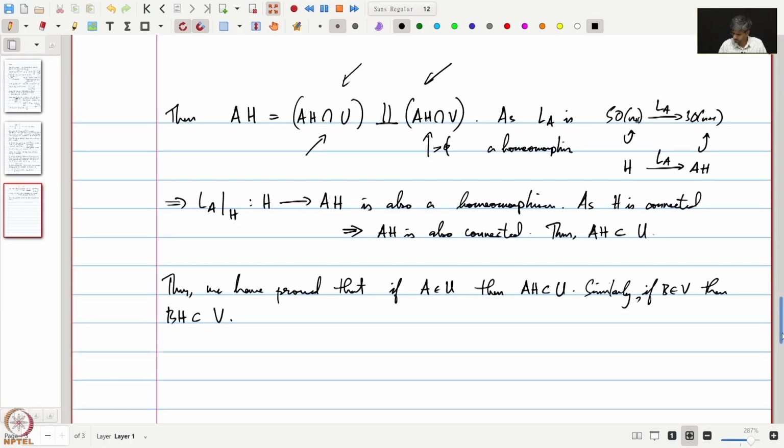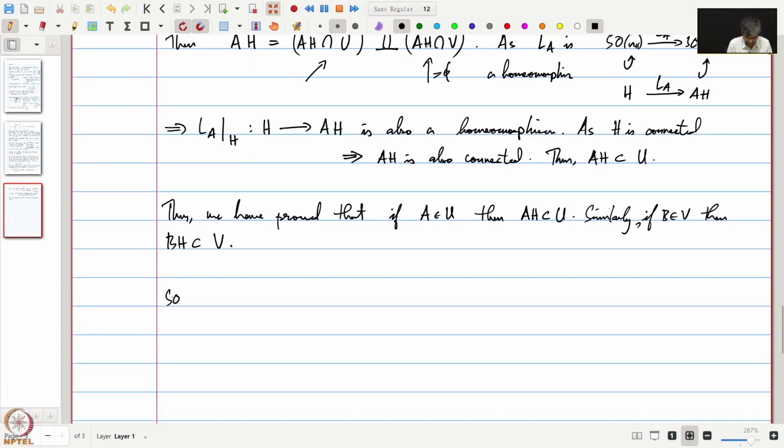Okay. So now let's consider this map phi from SO(n+1) to S^n, right.